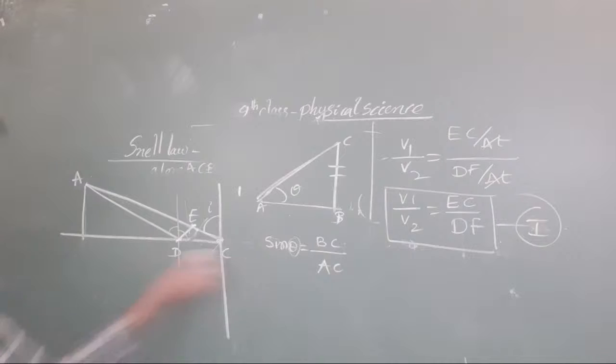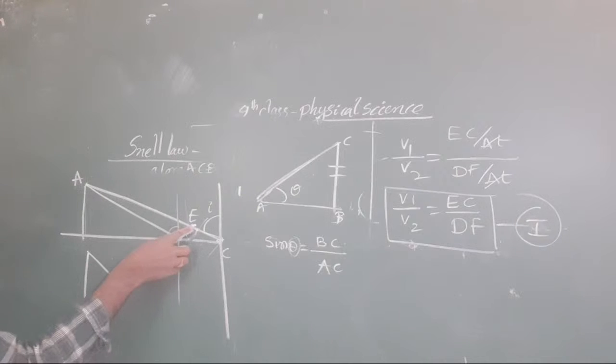There is a triangle from the diagram. Which triangle have we taken here? It will be taken like this triangle. Here there is a triangle where the angle is at D. We can consider D. Clear or not, all the students?